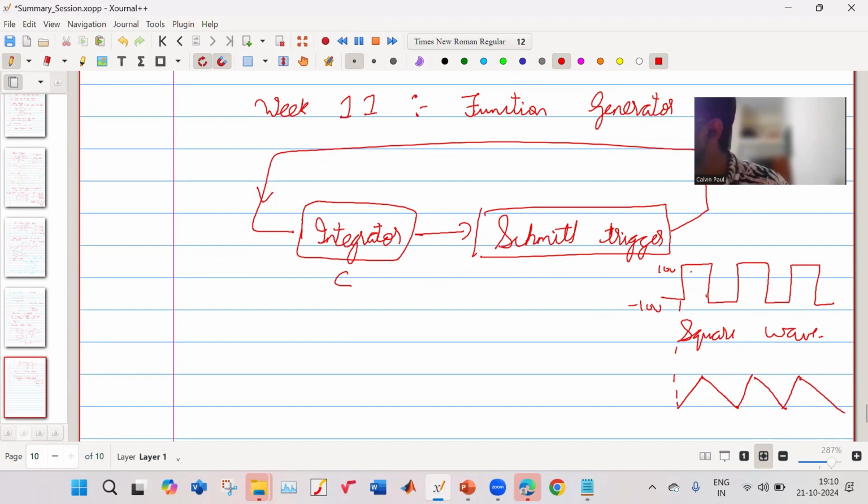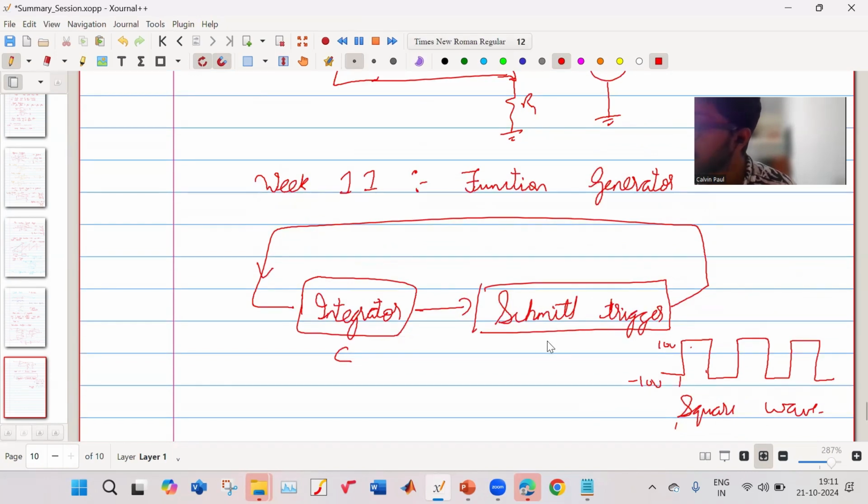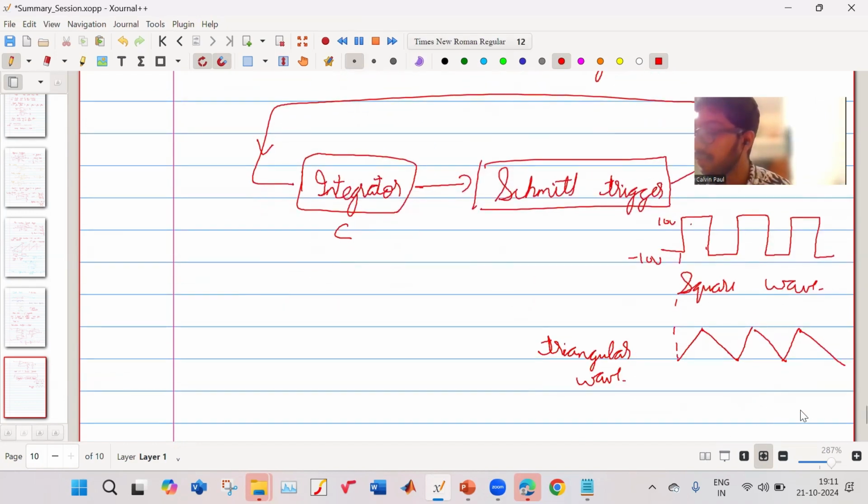So you're getting a triangle. Using a combination of these two circuits, you're getting a square wave and a triangle wave.